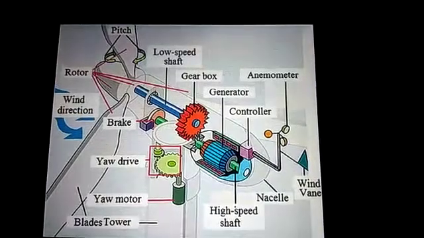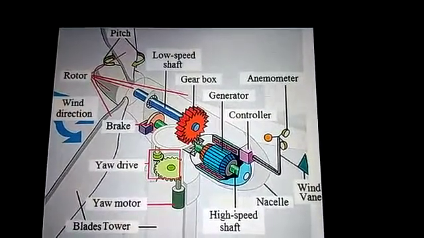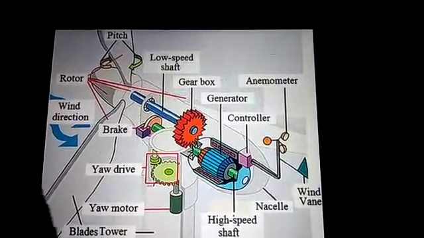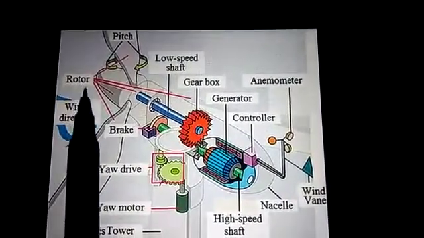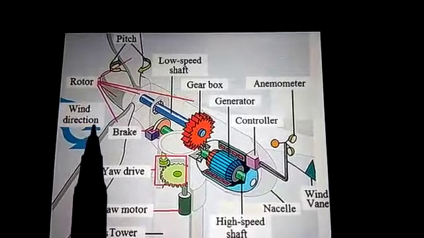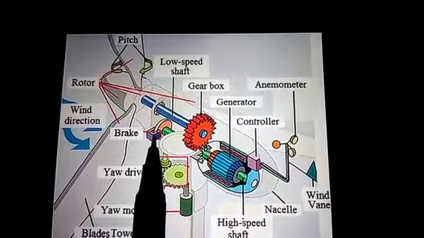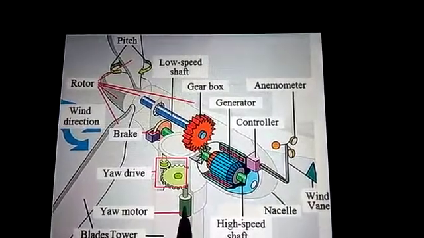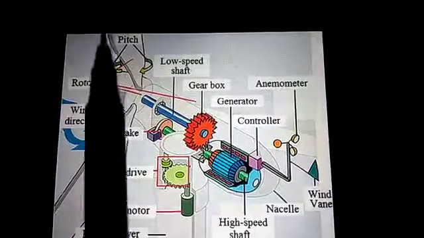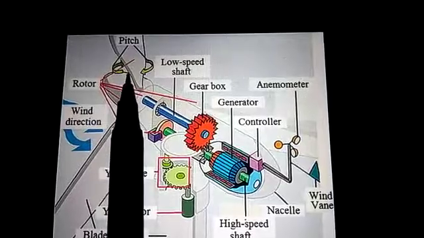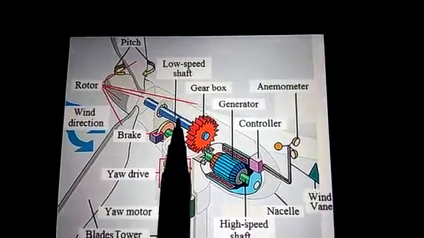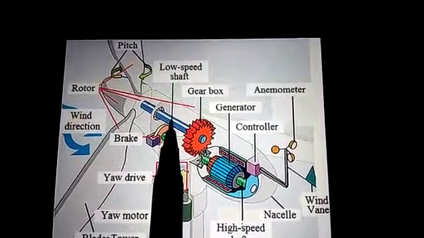Yes, see this block diagram of the turbine, inside the turbine. Here we are discussing the parts. This is the rotor, and this is the brake, and this is the air drive, and this is the air motor, and this is the pitch, and this is the low speed shaft.